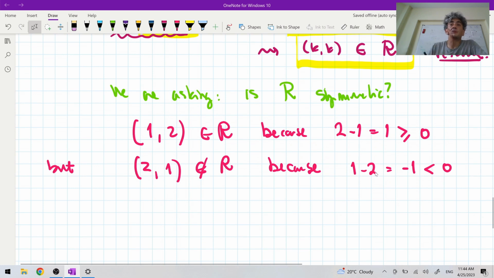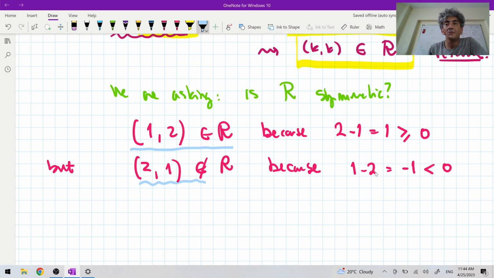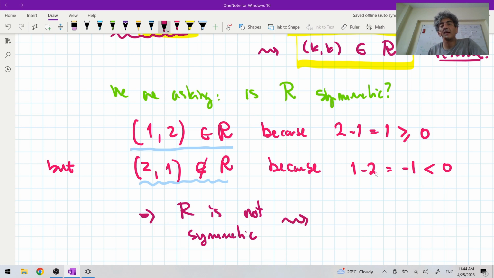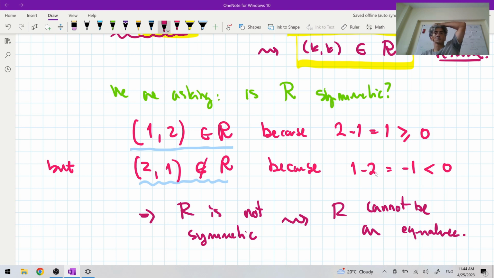It contains this pair, but it doesn't contain this other one. So this says that R is not symmetric, and this means that R cannot be an equivalence. Okay?